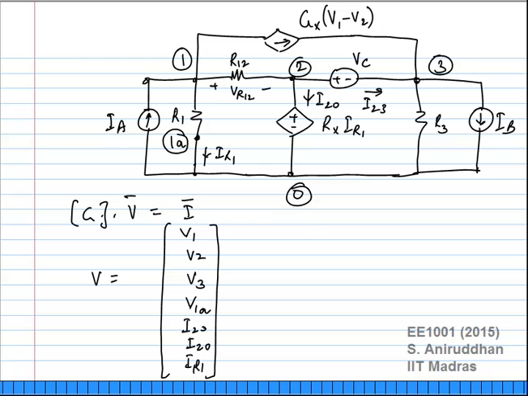Basically the point is you have so many elements connected to a single node. Based on the stamp for each of those elements, all you have to do is add up all the, what you're doing is KCL at that node, right? So if you write G times V equals I, you will be able to split this up into multiple matrices which can be added up, right? The stamp for each element connected to a particular node will contribute to the G matrix, and the independent current source matrix.